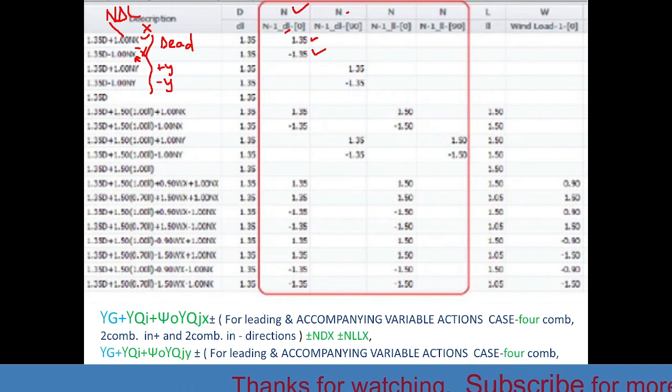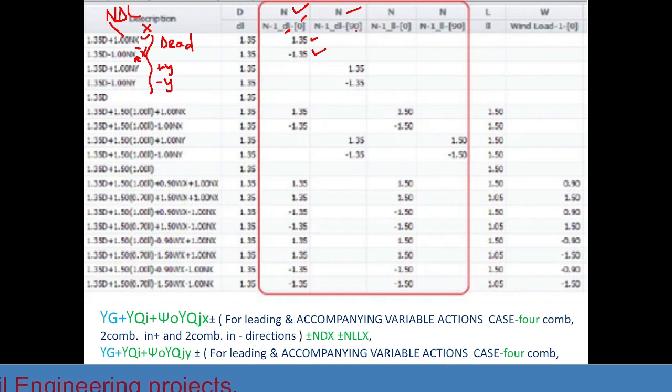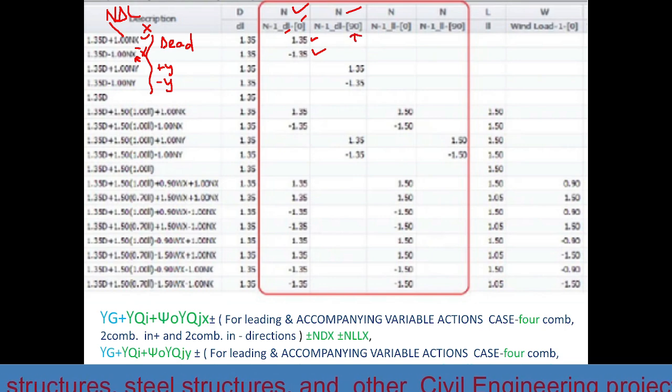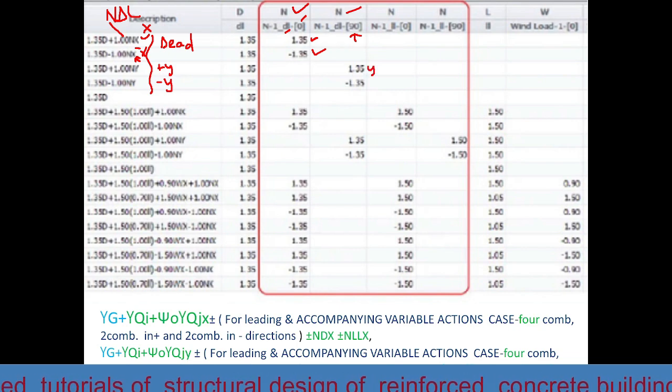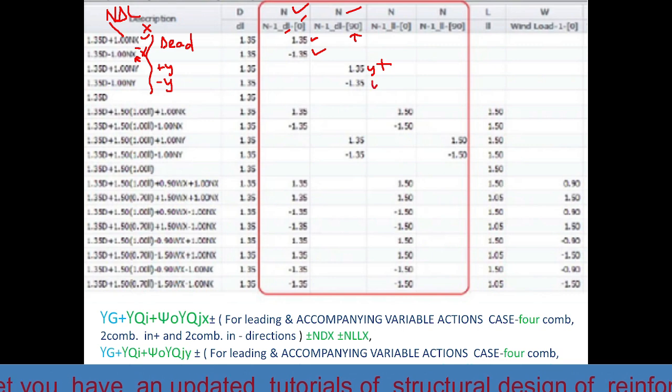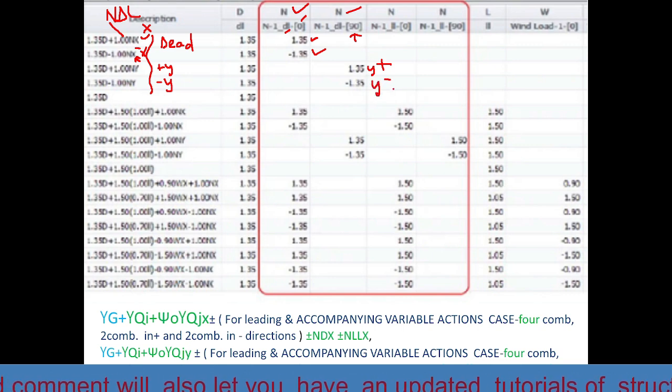And similarly, the notional load in this is in 0 degree, that is along x direction, and this is the notional load in 90 degree, that means along y direction. Here this is for positive y, and this is for y negative.